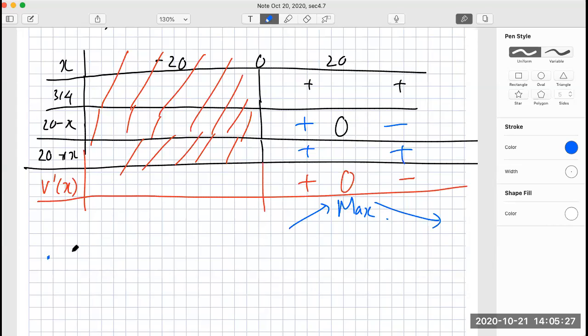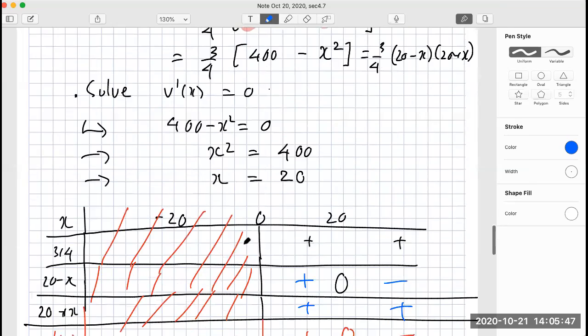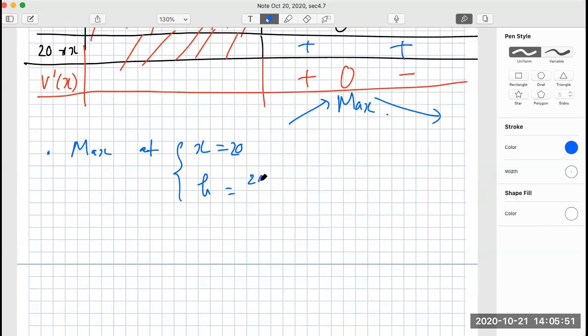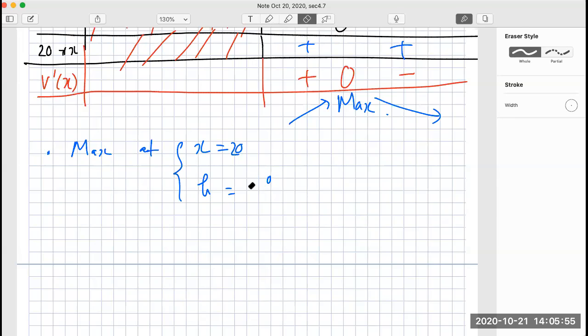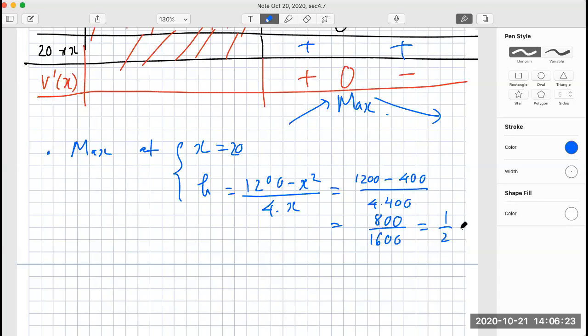So at x is equal to 20, then h will be this guy, right? Which will be 1/2.